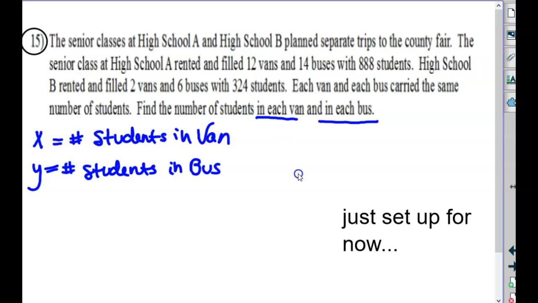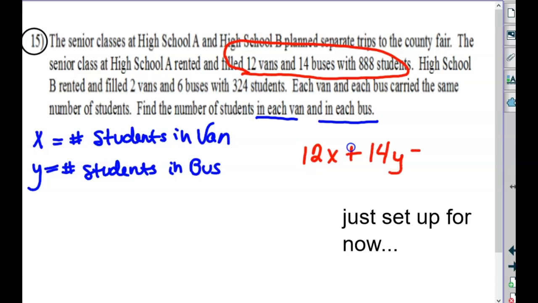All right. These are actually my favorite kind of word problems because there's just one sentence per equation. It says 12 vans and 14 buses took 888 students. Can you change that to an equation? 12 vans at X students each, plus 14 buses with Y students each, total 888 students.